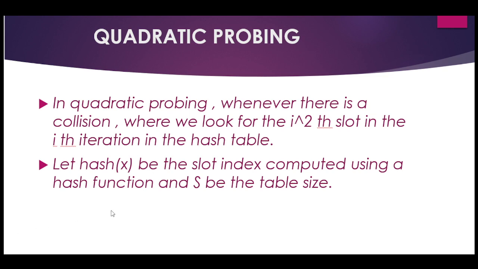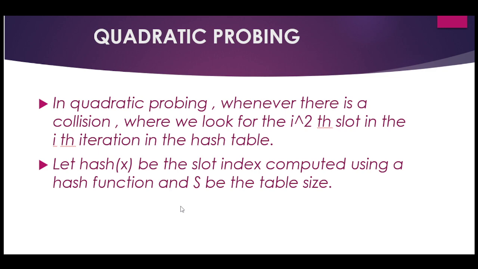Next, we have quadratic probing. In quadratic probing, whenever there is a collision, we look for the i squared slot in the ith iteration of the hash table. Let hash of x be the slot index computed using a hash function and S be the table size.